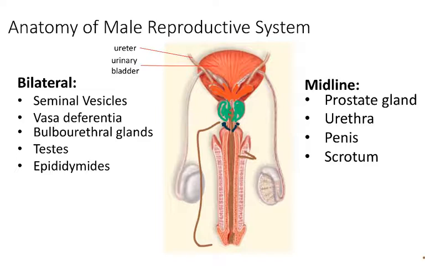Then we've got the two vas deferens. The epididymis on either side, which is where sperm mature and are stored until ejaculation, and then the testis itself, which is where the sperm are born. All right, there we go.